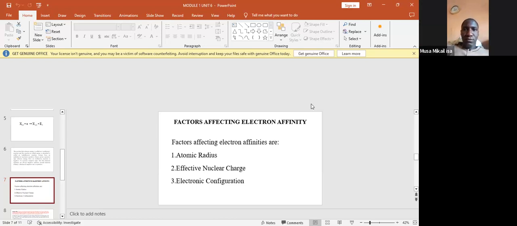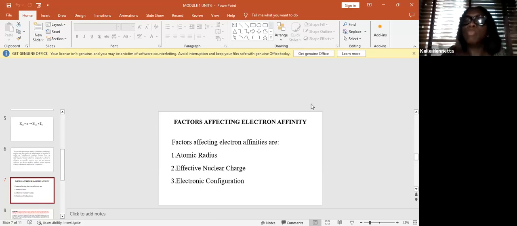But the effective nuclear charge keeps on increasing, holding the valence electron tightly. We're able to explain that. So that means the valence electron, in the outermost shell, experiences a lot of the effective nuclear charge. Remember, the effective nuclear charge is the actual charge that gets to the valence shell, to the electron in the valence shell.